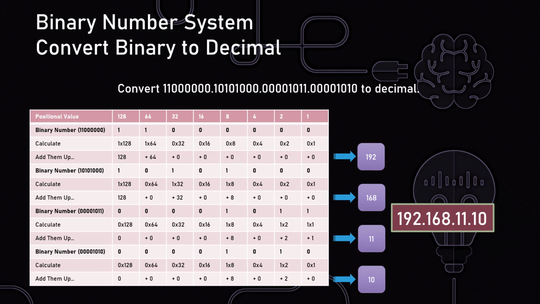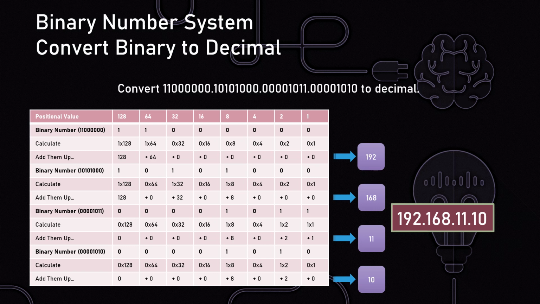So rows 1 through 3 will be 11000000. Rows 4 through 6 will be 10101000. Rows 7 through 9 will be 00001011. And rows 10 through 12 will be 00001010. And it really does become a game of fill in the blanks after that point.